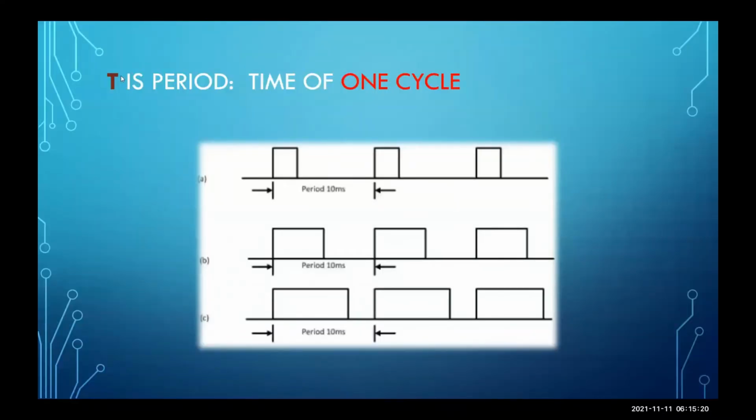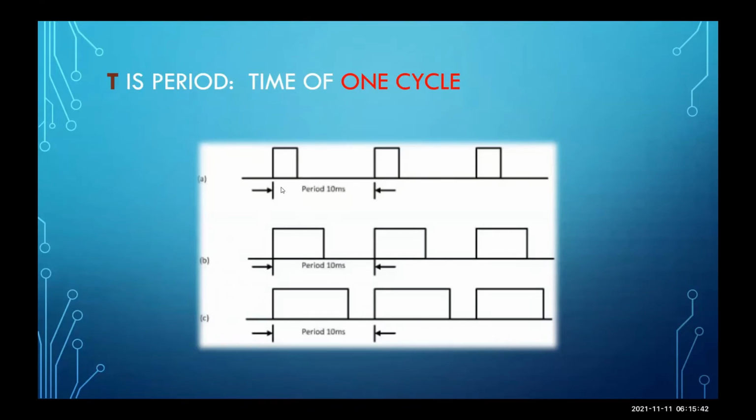So what we are looking at here is the time. Time is the period, as per the previous slide that we looked at. Time of one cycle. The period is from the beginning of a cycle to the end of that cycle, or where the next cycle begins, right?